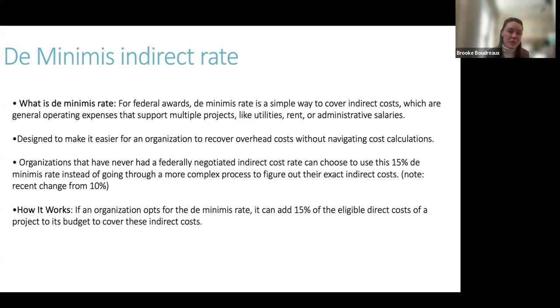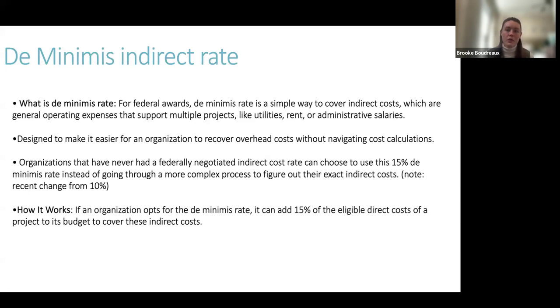Essentially, the de minimis rate is for federal awards. It's a simpler way for you to recover some of your indirect costs, maybe some of those M&G, management and general expenses, without actually going through the process of creating a direct allocation method or doing those more intense cost calculations.